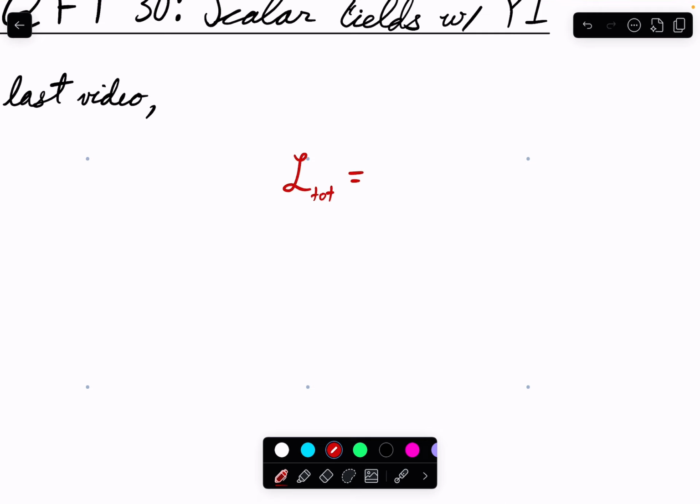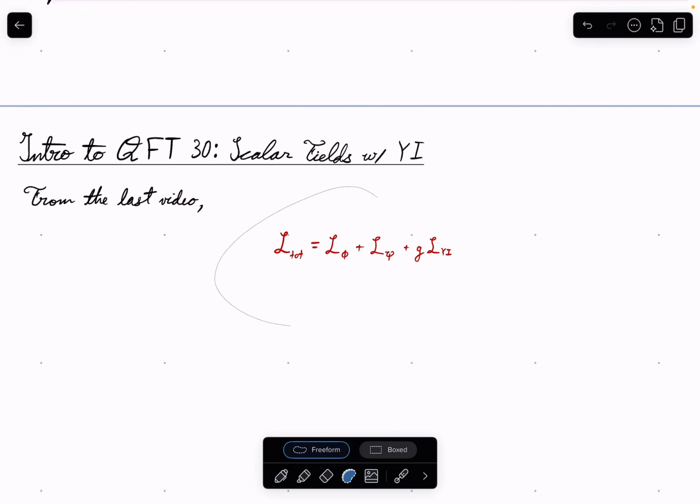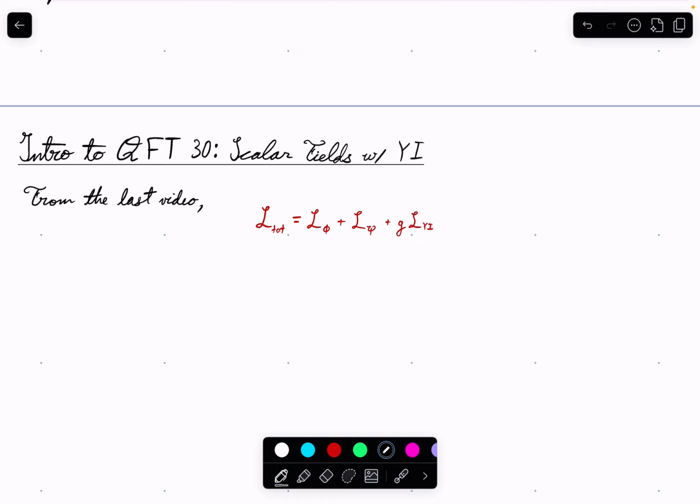We were considering the total Lagrangian, which was the Lagrangian of a scalar field plus the Lagrangian of a spinor field plus a coupling G to a Yukawa interaction. This is what we introduced in the last video.